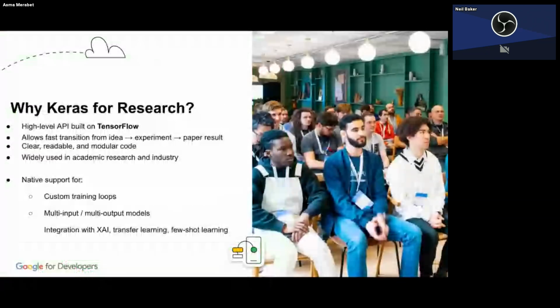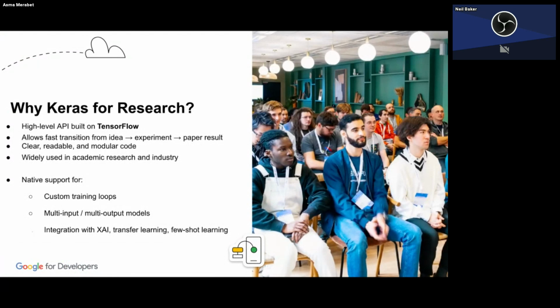Okay, so why Keras for research? Well, in the research space, we have a lot of options. We can, for example, use PyTorch or anything. It's also powerful, but the question is why we use Keras or what makes Keras special.